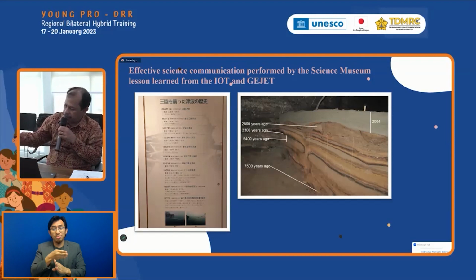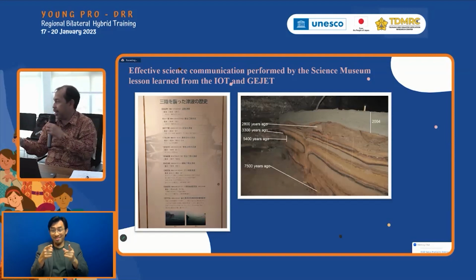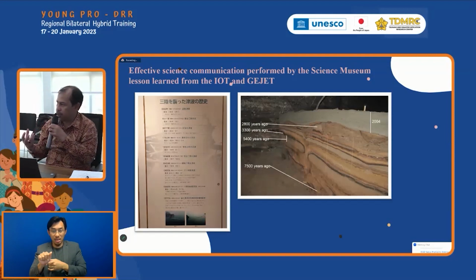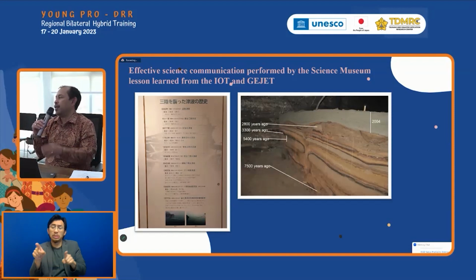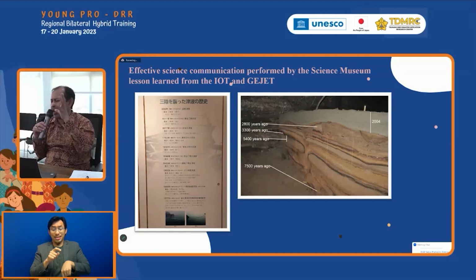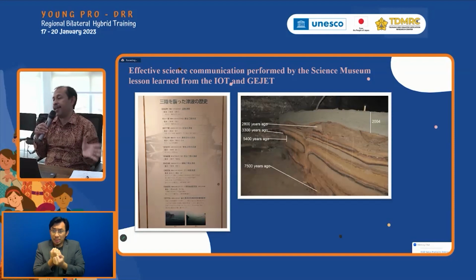Also, maybe the previous module talked about the role of the media and the role of the government, which is also very important. In that case, if the media had sent good information to Aceh, maybe people in Aceh at that time could have saved more lives.